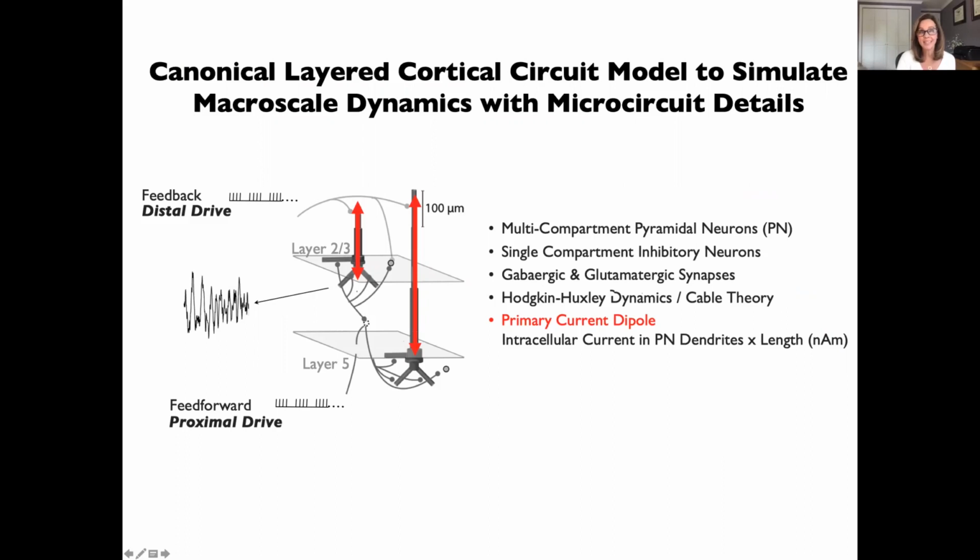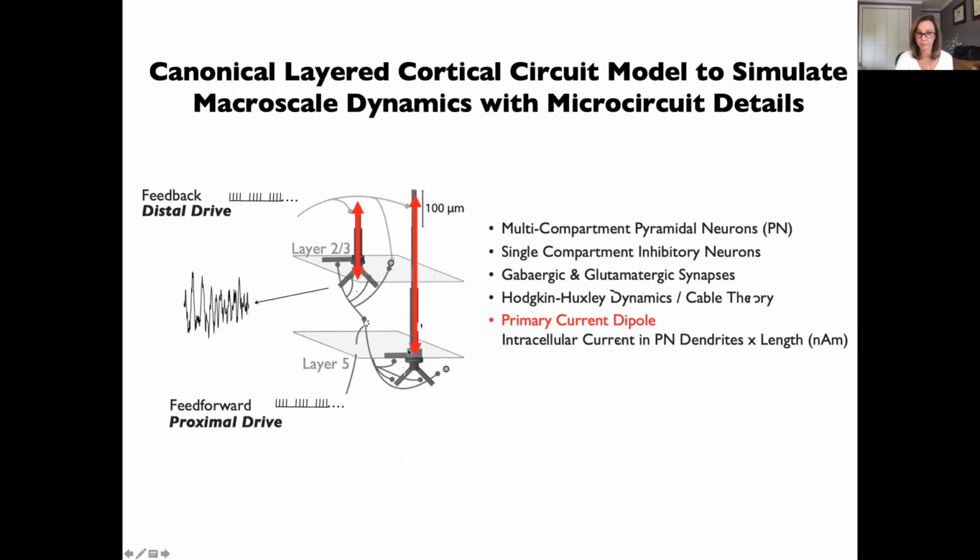We calculate the electrical activity in each compartment of every neuron with Hodgkin-Huxley dynamics, where we have active ionic conductances, sodium, potassium, calcium, in the somatic and dendritic compartments. We calculate this longitudinal current using cable theory. And then again, the primary current dipole signal comes from the net intracellular current flow across all of the population of pyramidal neurons.